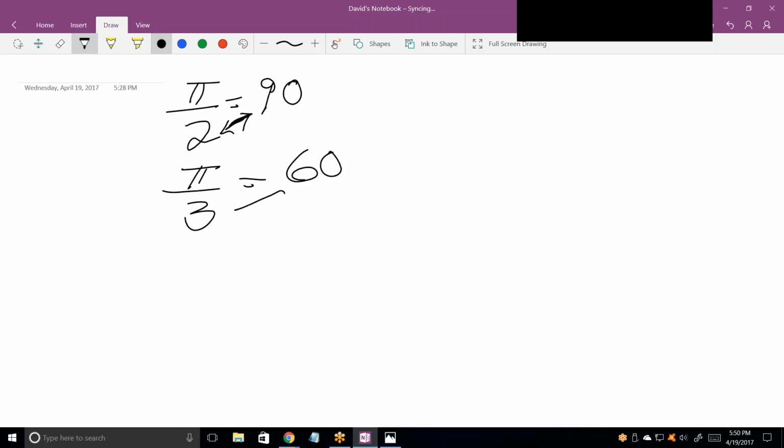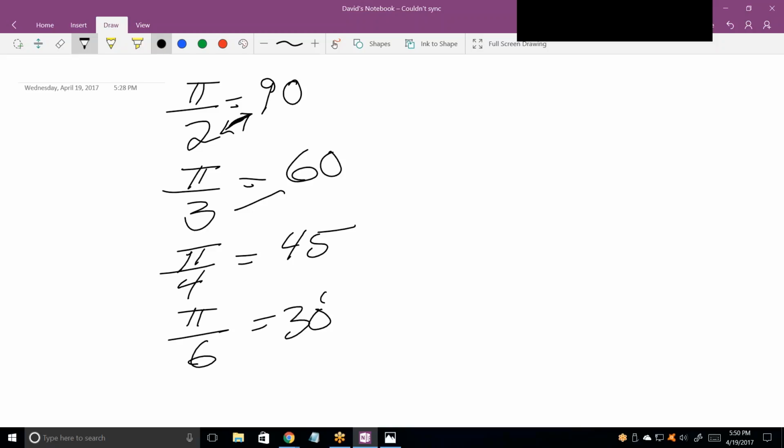Those two numbers multiply to what? 180. Pi over 4 equals 45. Those two numbers multiply to 180. Pi over 6 equals 30 degrees. Those two numbers multiply to 180.